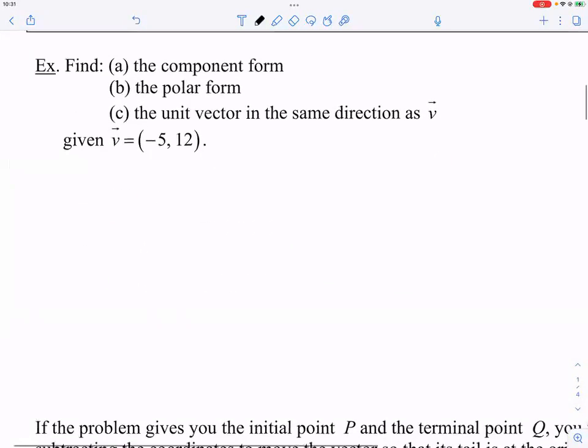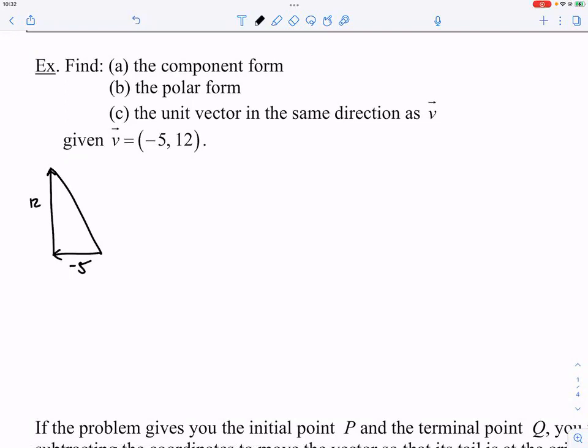So here we have -5 and 12, meaning that we go to the left 5 units and up 12 units. So I want you to draw a little diagram like this. You go to the left 5 units and up 12 units.